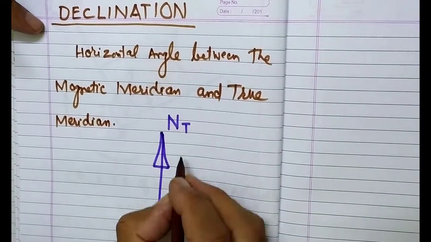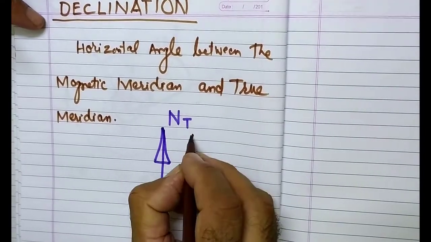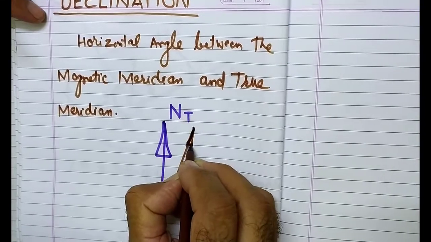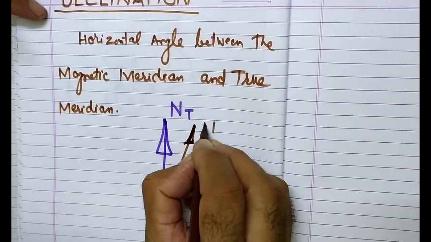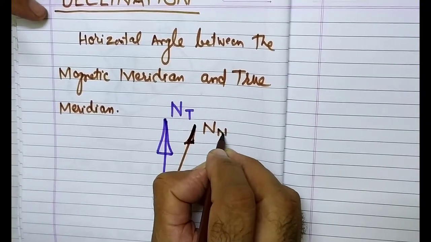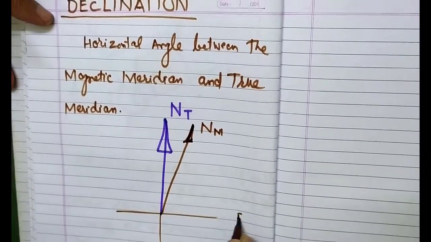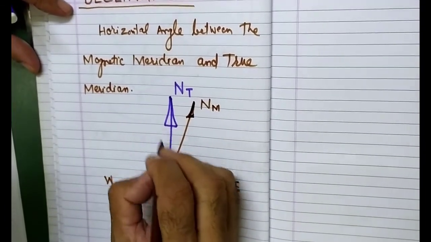So for example, I will mark this as the north. It is disturbed due to the influence of any iron ore or power line. This is termed magnetic north. It may be towards the east or it may be towards the west, like this.